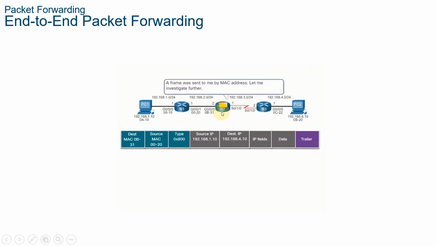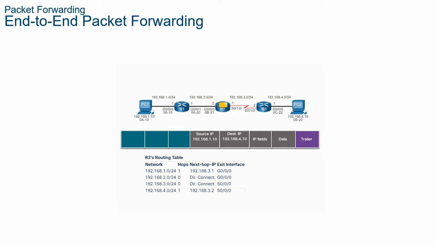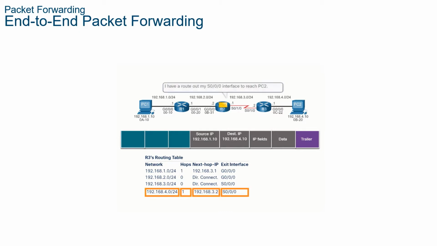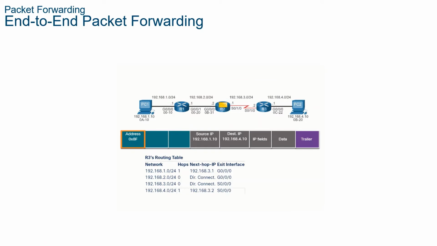Now R2 forwards the packet to R3. Because the exit interface is not an Ethernet network, R2 does not have to resolve the next hop IPv4 address to a destination MAC address. When the exit interface is a point-to-point serial connection, the router encapsulates the IPv4 packet into the proper data link frame format used by the exit interface.